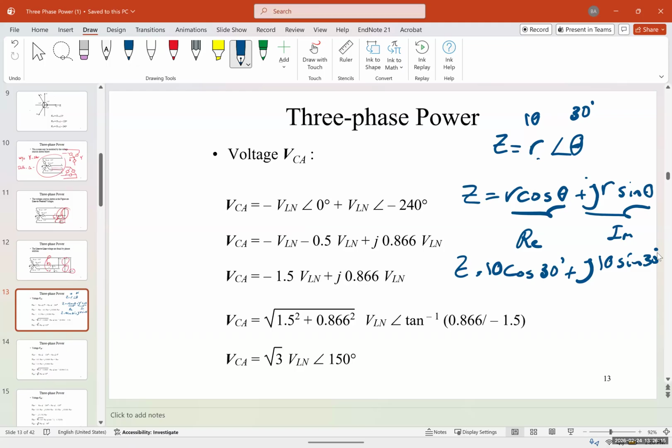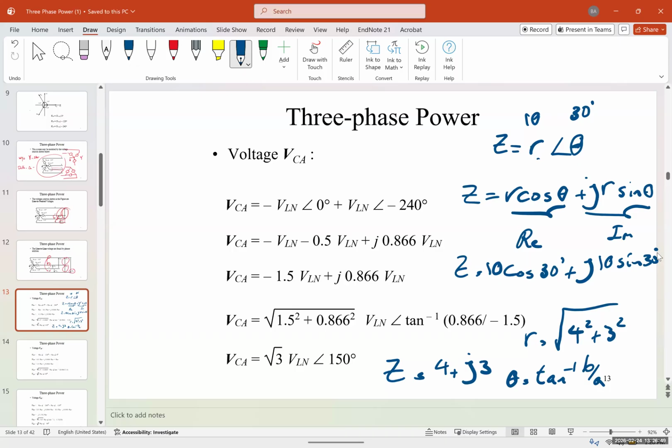Now, how do we go from the rectangular form to a phasor form? If I have a rectangular form, Z is equal to, let's say, 4 plus J3, then R would be equal to square root of 4 square plus 3 square, and theta would be equal to what? Tan inverse of B over A. I just want to let you know how we do that.